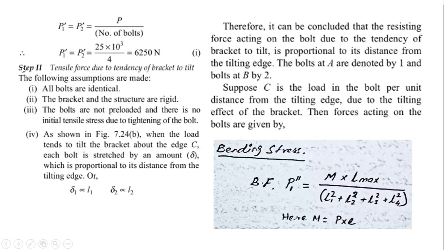Okay, then step 2: tensile force due to the tendency of the bracket to tilt. The following assumptions are made here. With these assumptions only, you will calculate the tensile force due to the tendency to tilt about the point C. First assumption: all the bolts are identical.